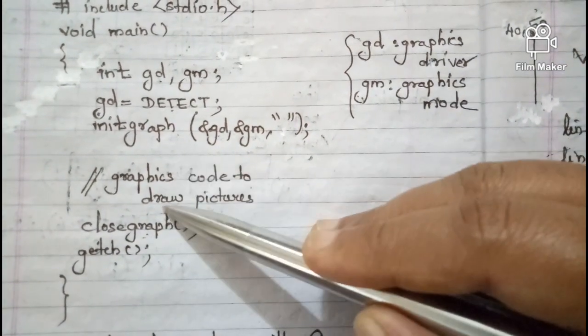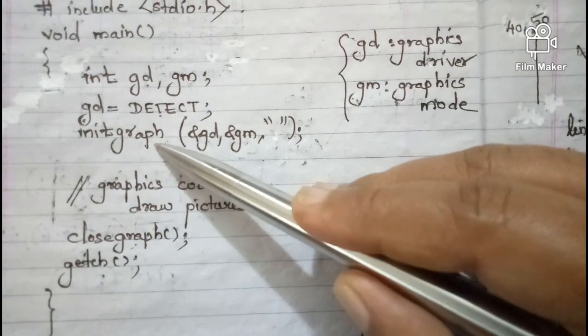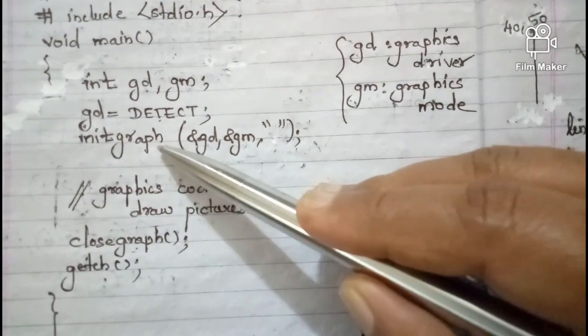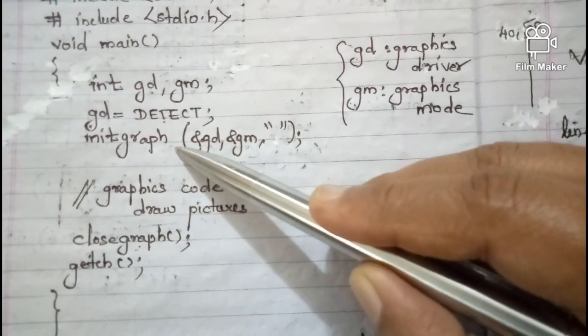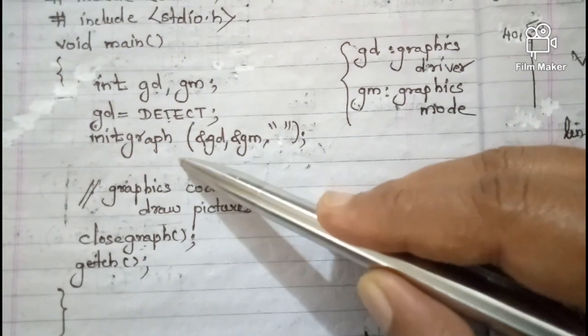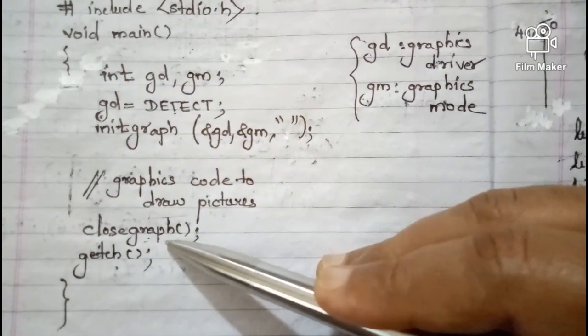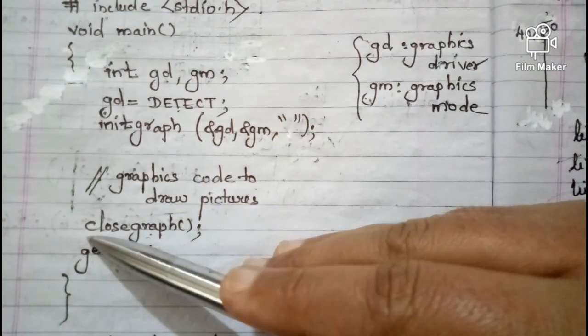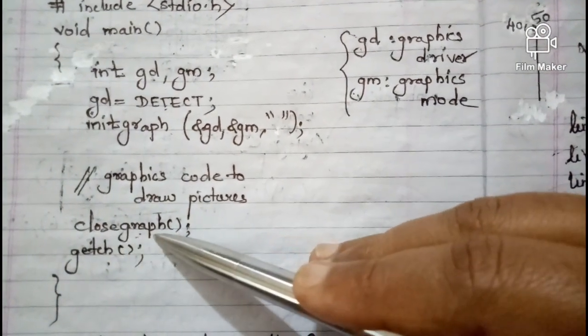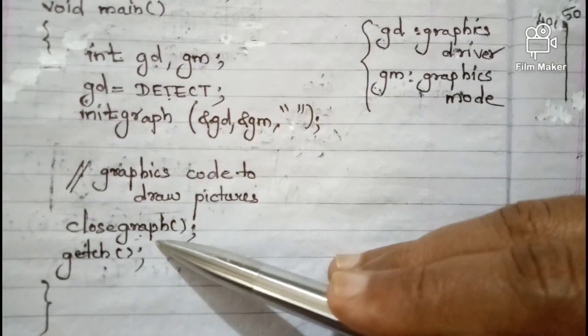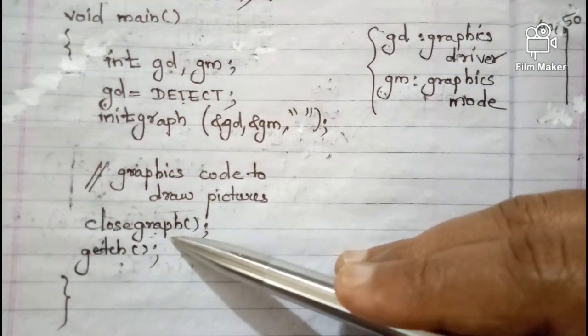Before beginning the graphics code, we used the initgraph function to initialize into graphics mode. Similarly, after writing the graphics code, we have to close the graphics mode. So for that purpose, to close the graphics mode, we use this function closegraph.